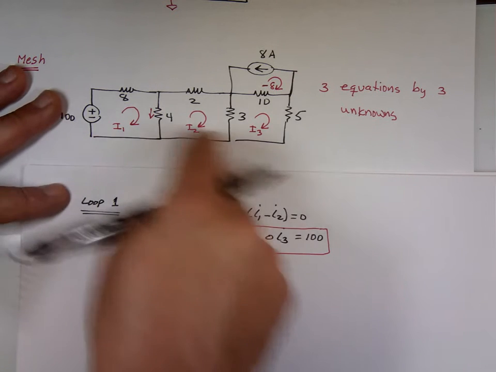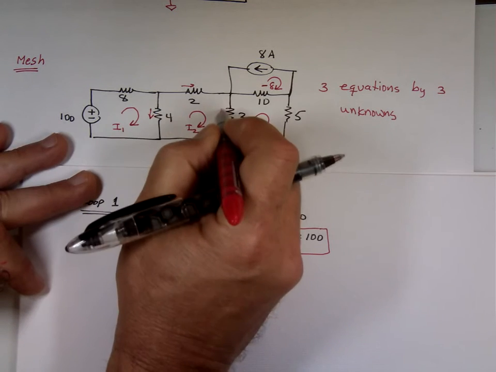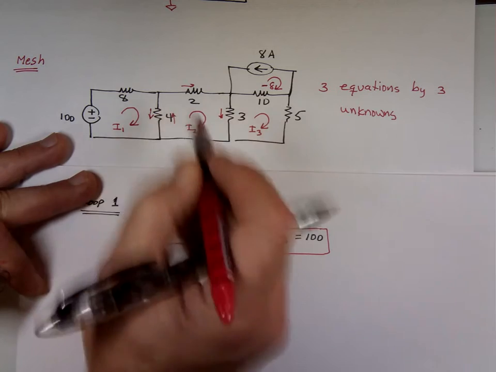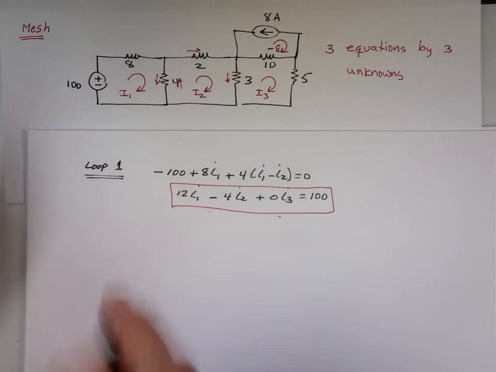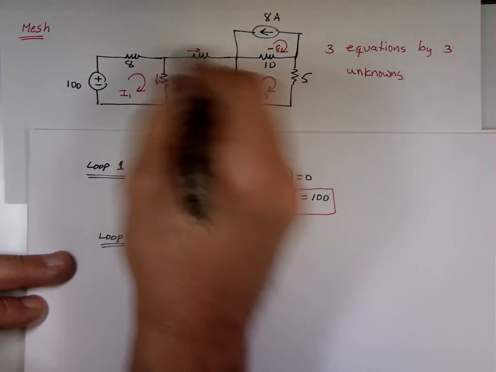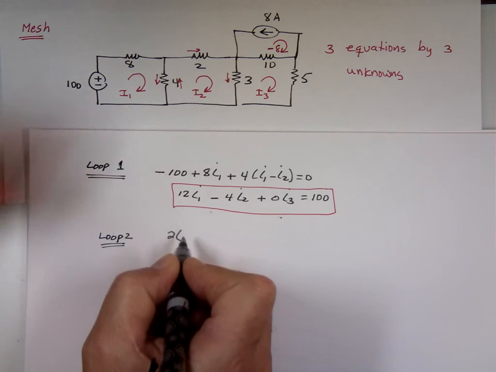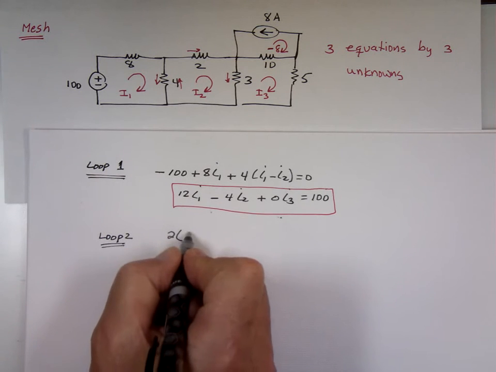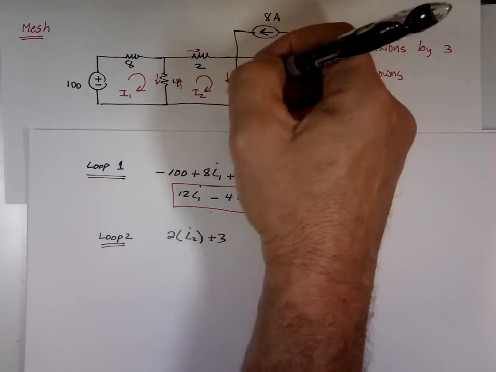Now let's look at this one. We're going clockwise, so I need to know the current this way, the current this way, the current that way. I'm traveling clockwise. So loop 2. There is no source, so I'll start with that one. It's 2 times, what's the current through that, going that direction? I sub 2. Plus 3 times, what's the current down?